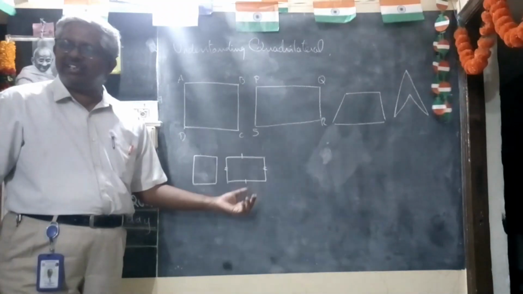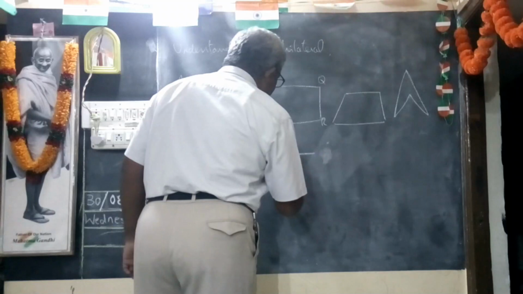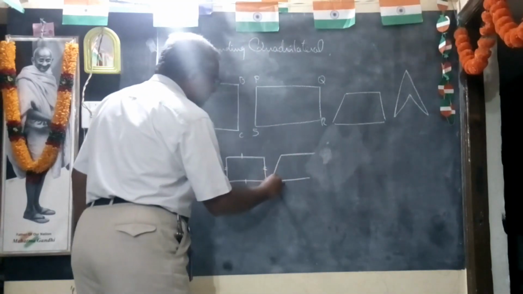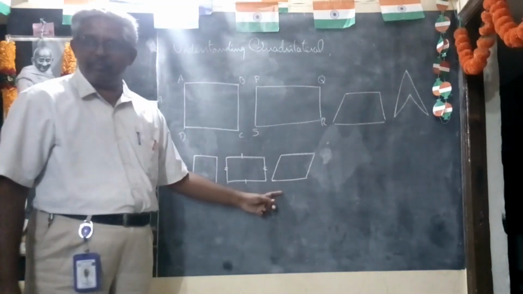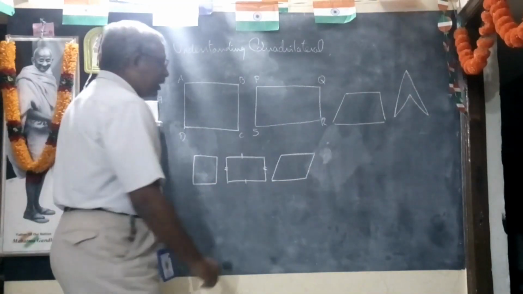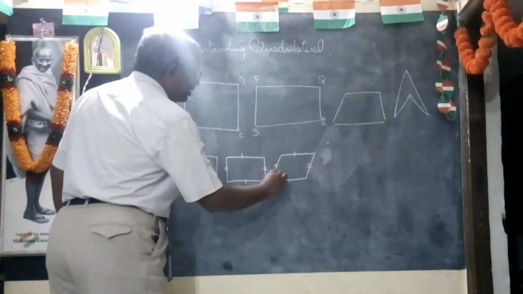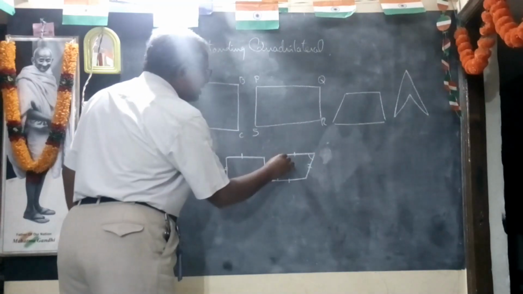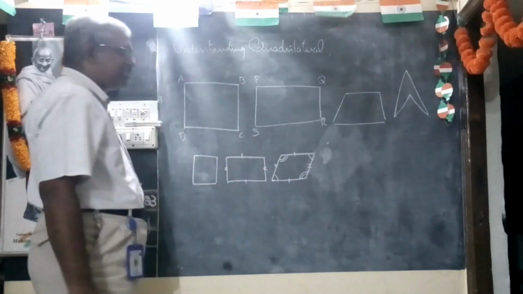I call this a rectangle. And I have a quadrilateral which is 4-sided, but this time the opposite angles are going to be the same. And I call this a parallelogram. These two are the same and these two are the same. And not only that, these two angles are the same and these opposite two angles are the same.